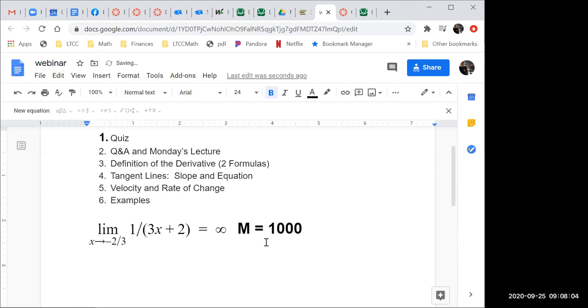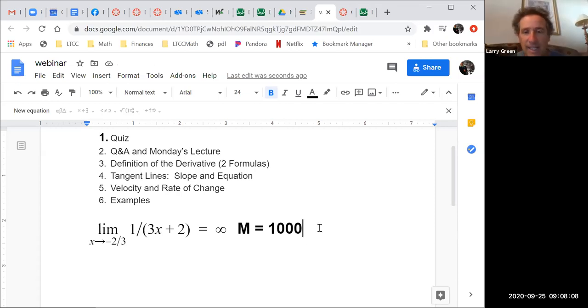So the M is kind of like the epsilon, but when you're going out to infinity, it's a little different. And my guess is they asked you, what is delta? Yes. Okay, the epsilon-delta changes a bit when you get to infinity. This is something I mentioned at the very end.